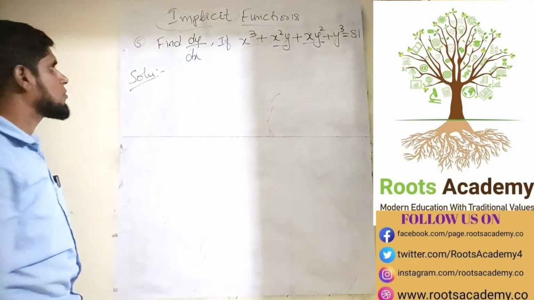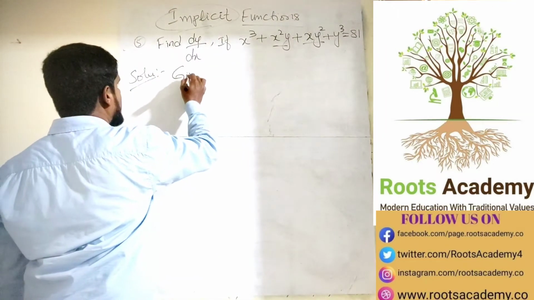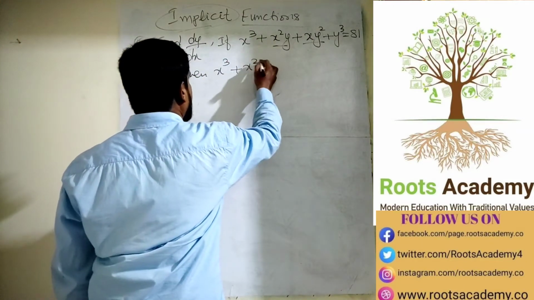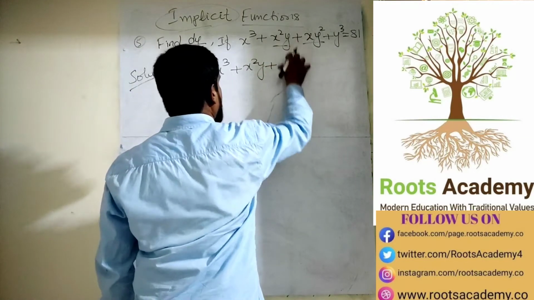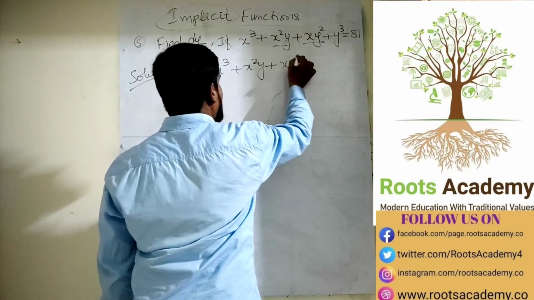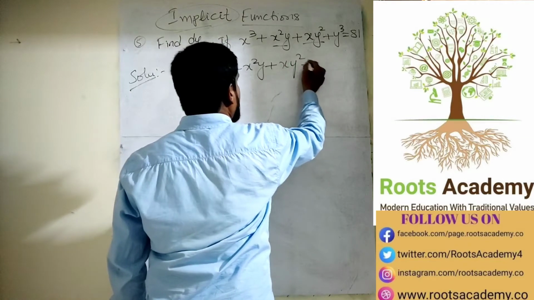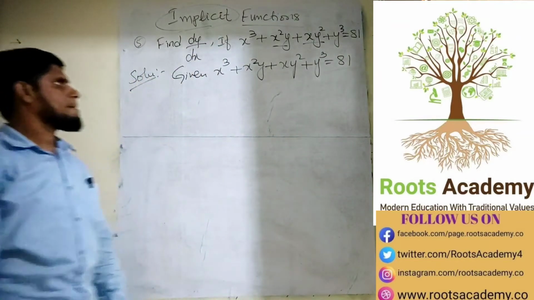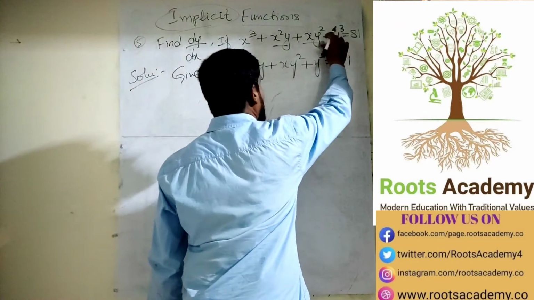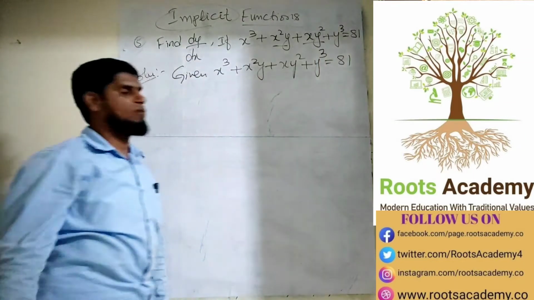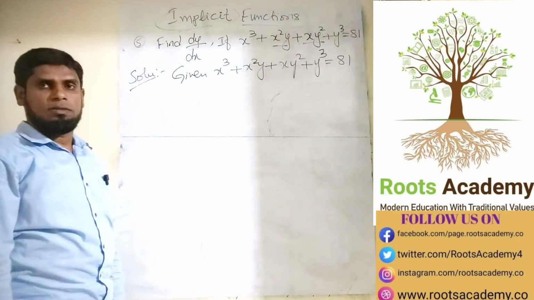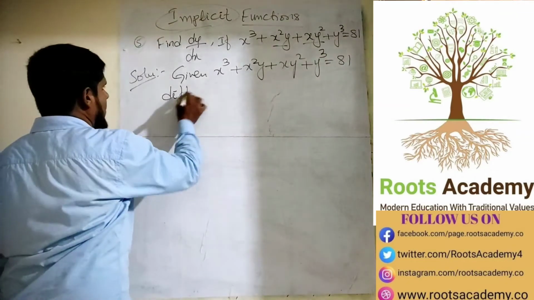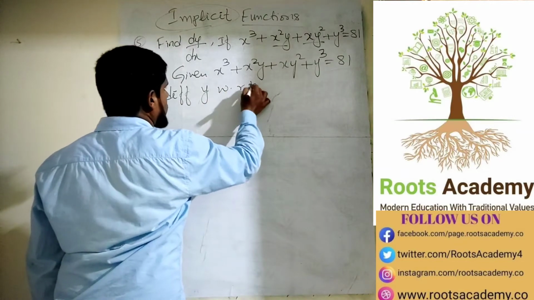Solution. Given x cube plus x square y plus xy square plus y cube is equals to 81. Again, we must differentiate y with respect to x.